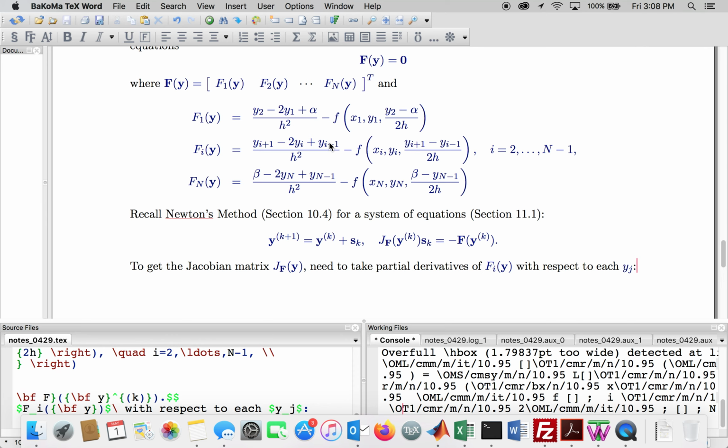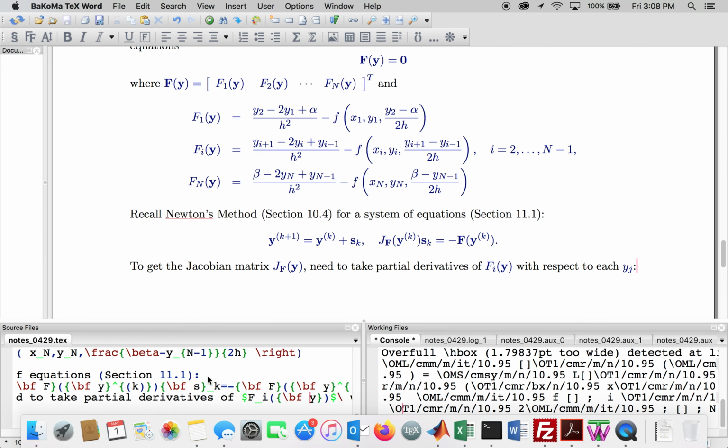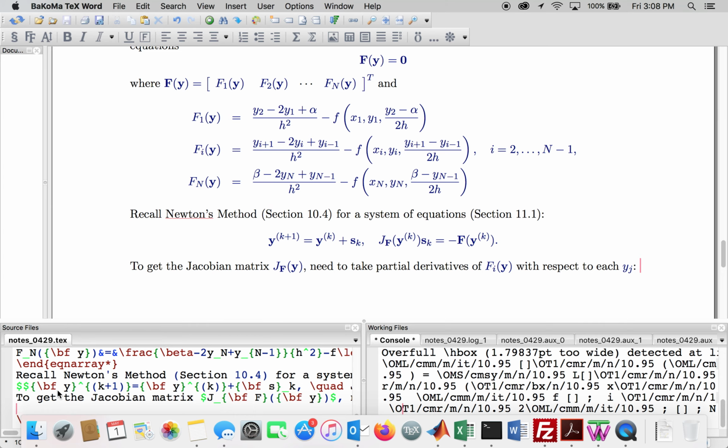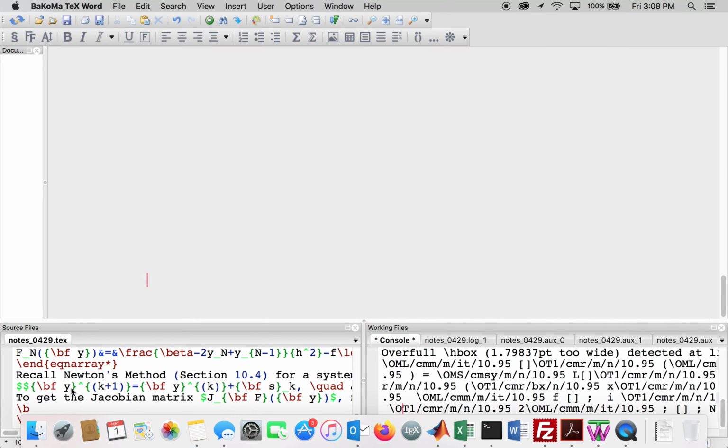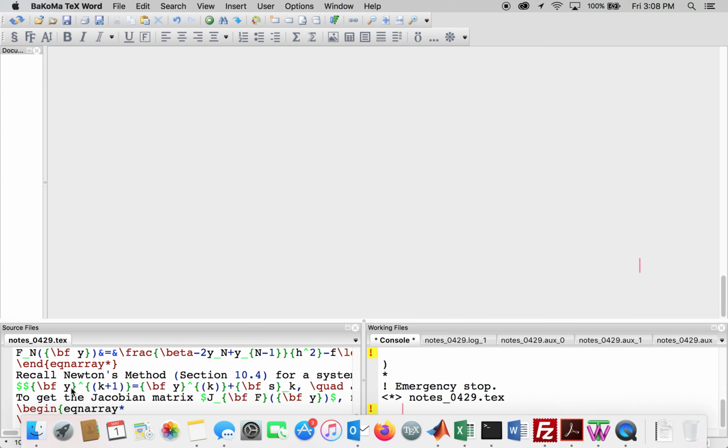And with a dependence on yi minus 1 and yi plus 1 and no other y values, this Jacobian matrix is actually tridiagonal. So to show you the derivatives, I will carry out the differentiation for you.